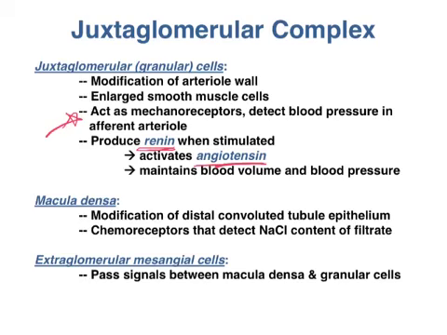The other component of the juxtaglomerular complex is the macula densa. So the macula densa contain chemoreceptors that detect the sodium chloride content of filtrate. So basically they detect the solute concentration or the osmolarity of the filtrate. And that's a surrogate for basically how concentrated that filtrate is. And remember, since these are in the distal convoluted tubule, this is after a lot of reabsorption. This is nearing the end of reabsorption.